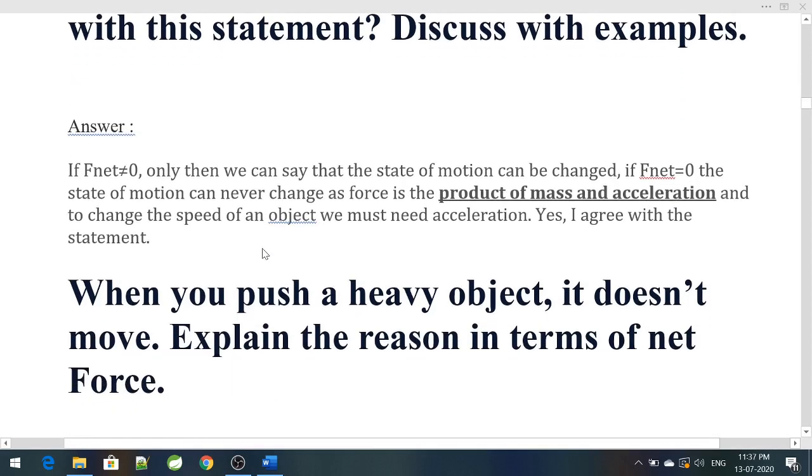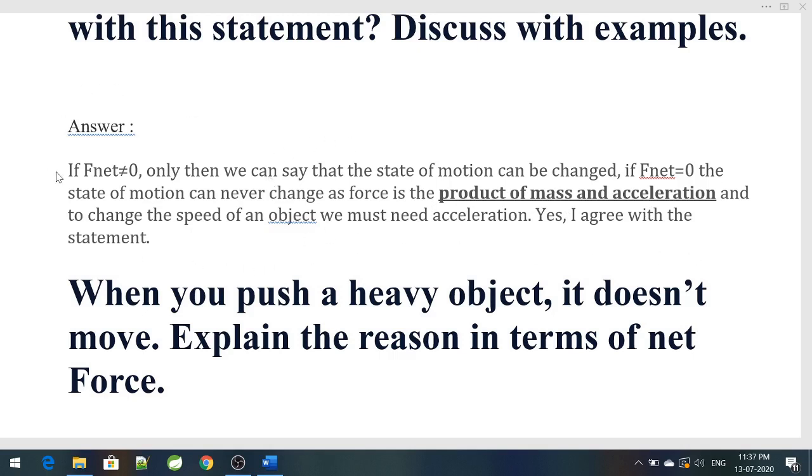If F net, that is net force, is not equal to 0, only then we can say that the state of motion can be changed. If net force is equal to 0, the state of motion can never be changed, as force is the product of mass and acceleration, and to change the speed of an object we must need acceleration. Yes, I agree with the statement.